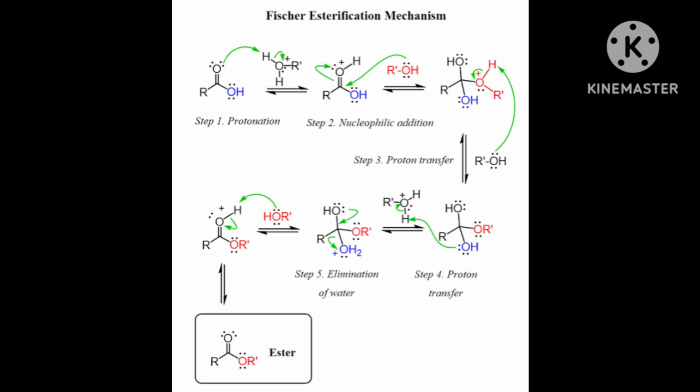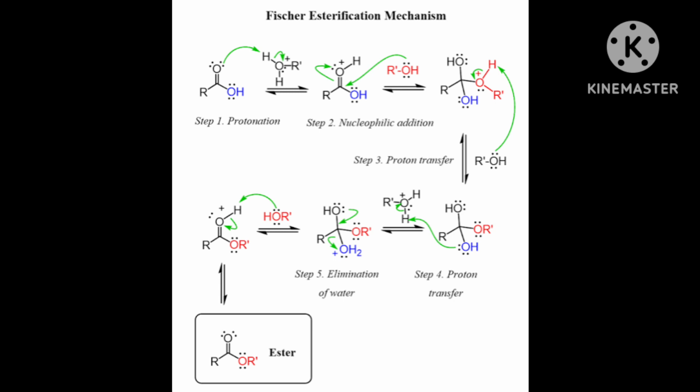Because here 3 Cl will attach: 1 OH minus will go and in its place 1 Cl minus will come. If you take 3 molecules of carboxylic acid, 3 OH will go and in its place 3 Cl will come. Then you will get RCOCl, 3 molecules.